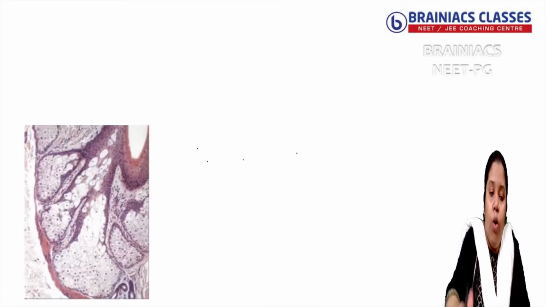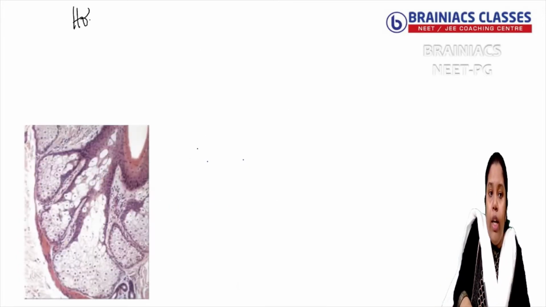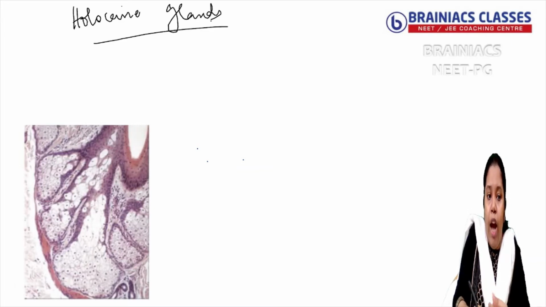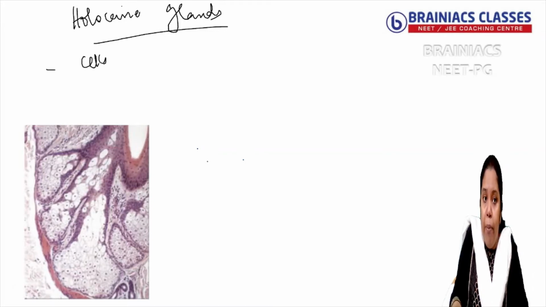Now next is the holocrine glands. Actually, this gland will have multiple cell layers, and the cell will be entirely damaged by releasing enzymes.